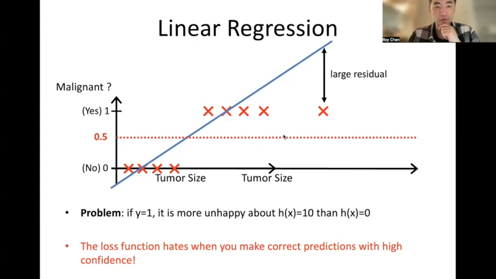But as you remember, the cost function for linear regression is the square of the error term, which is the y minus the y hat. So for some of the larger tumor sizes, indicated here by the red cross at the very right, you will have a large residual, which means that you're going to have a large error term for some of the predictions here.